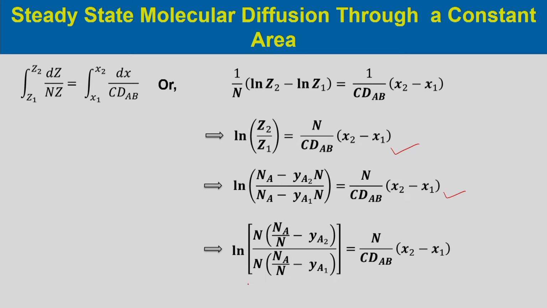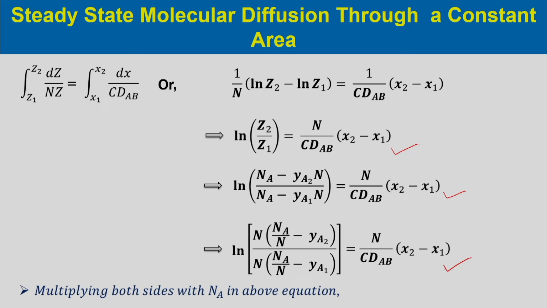So, it would be ln of N(NA by N minus YA2) divided by N(NA by N minus YA1). If we multiply both numerator and denominator by N, the left hand side is like this, and the right hand side should be N by C DAB into (x2 minus x1).